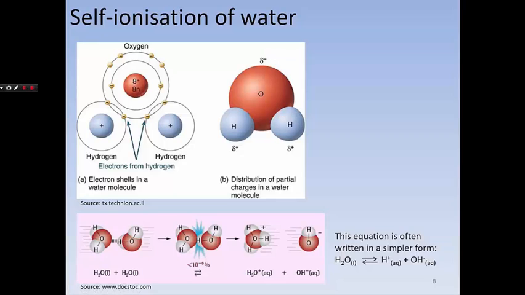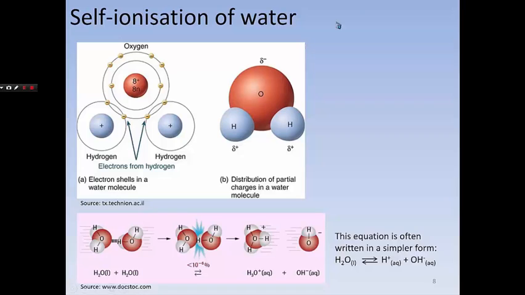Here we need to understand a concept about how water can dissociate or ionize. We now know the covalent bond of hydrogen and oxygen is a polar covalent bond, as oxygen atoms are electron greedy, and therefore the electronegativity of oxygen is higher than that of hydrogen.